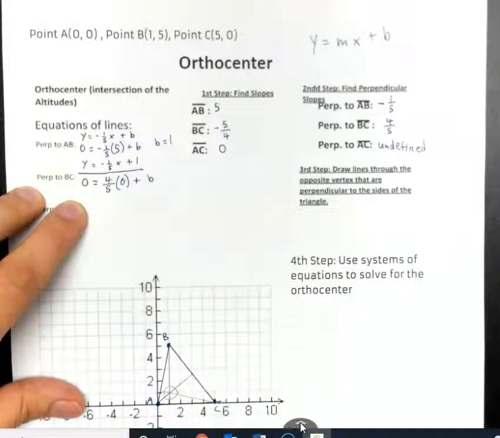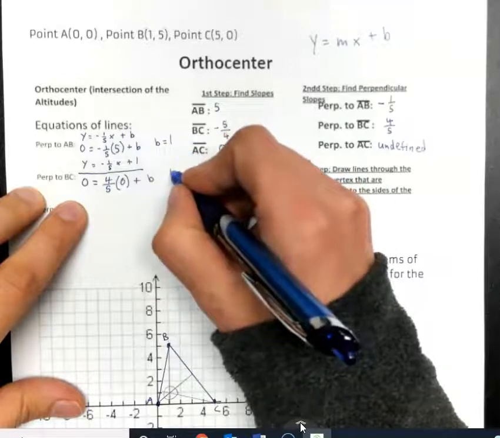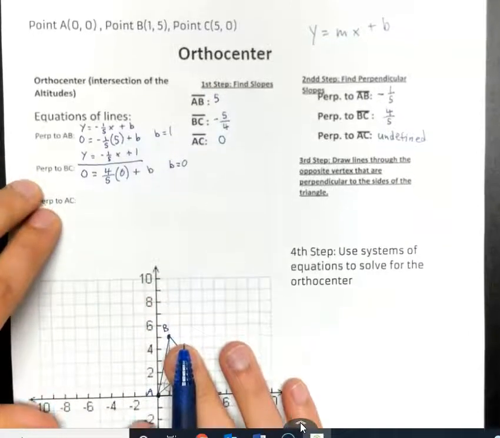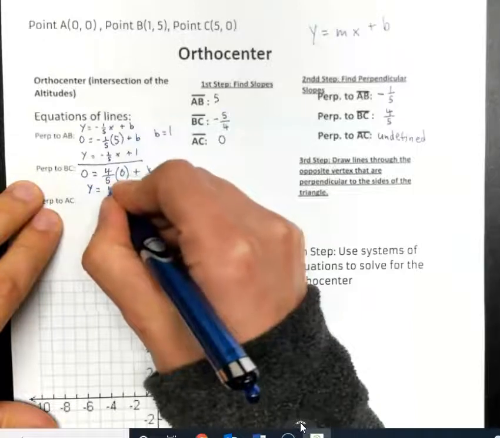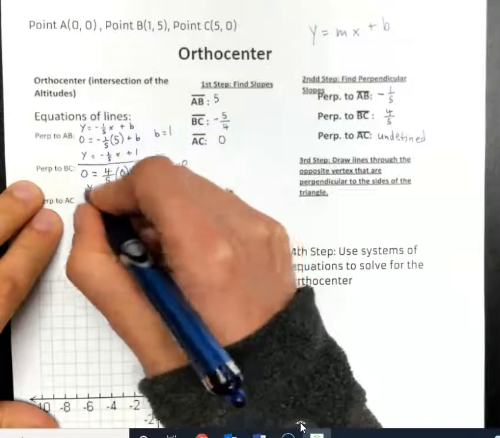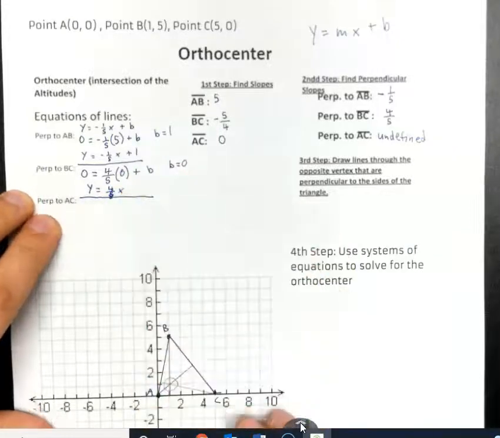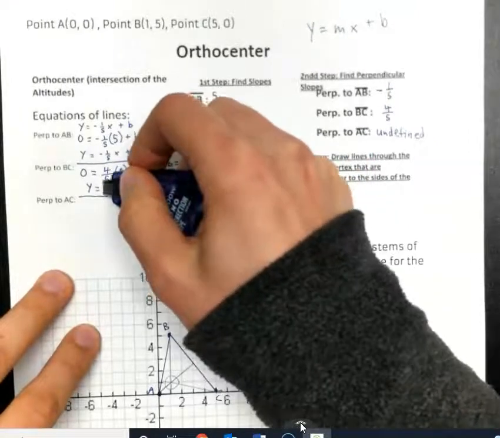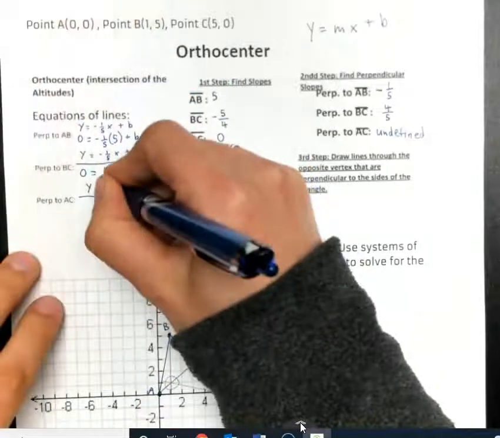Well, I didn't even have to do the math, but we already see the intercept right here, which is 0. So our intercept is b equals 0. Or I could do the math, which tells me that's going to be 0. So then our equation for that line is y equals 4/5 x. I'm going to make that look prettier. So y equals 4/5 x.